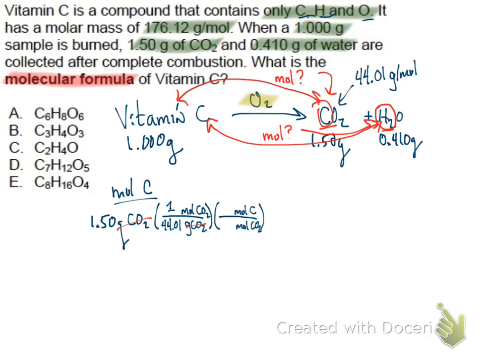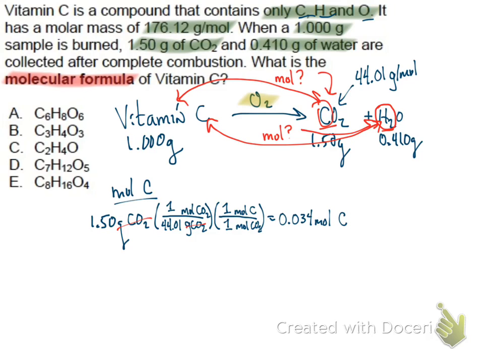And if we look at the molecular formula, we see that for every 1 mole of CO2, we're going to have 1 mole of carbon. Now we can run this calculation, and when we do so, we have 0.034 moles of carbon. Great. That's the amount of carbon that we started with.